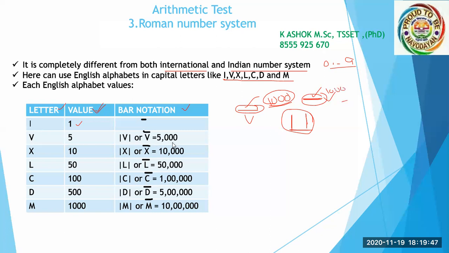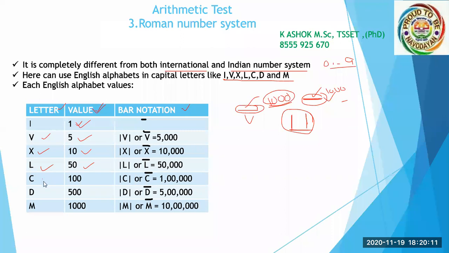Now, the value of I is 1. V is 5. The value of X is 10. The value of L is 50.